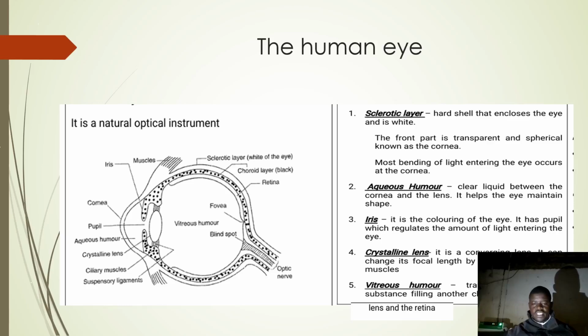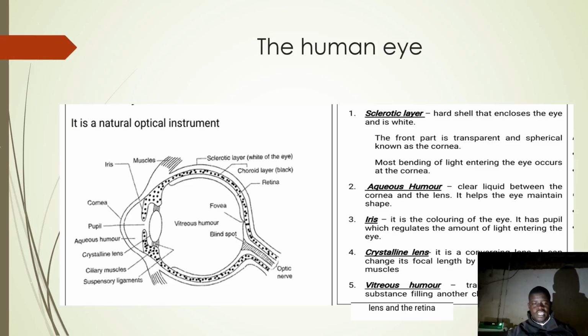So this is just the lens that is capable of, 1, refracting the light, and also 2, changing its focal length by the help of ciliary muscles. That enables one to see far objects clearly as well as near objects clearly for a normal eye.